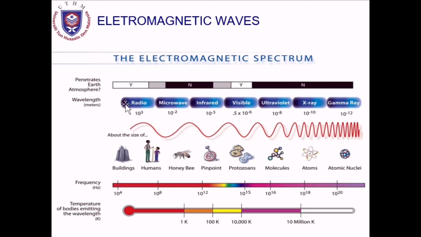At radio frequency, which is AM or FM radio, the wavelength is in the order of 10 kilometers. However, at higher frequency, which is gamma ray, the wavelength is very small, which is 10 to the power of minus 12 meters.